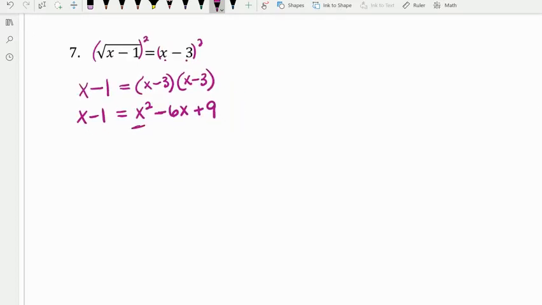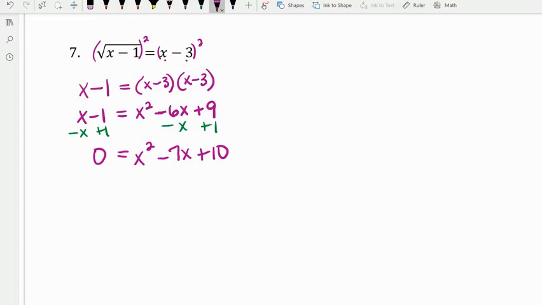Then, because I see the x squared and the x term, I know I've got a quadratic, so I'm going to have to solve either by factoring, quadratic formula, or completing the square. But first I want to get this all equal to 0. So I'm going to subtract over the x, and I'm going to add the 1. So then I will get 0 equals x squared minus 7x plus 10.